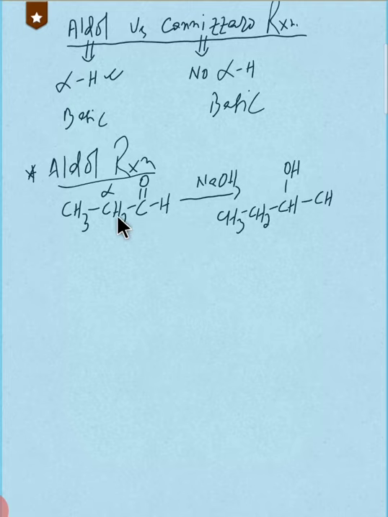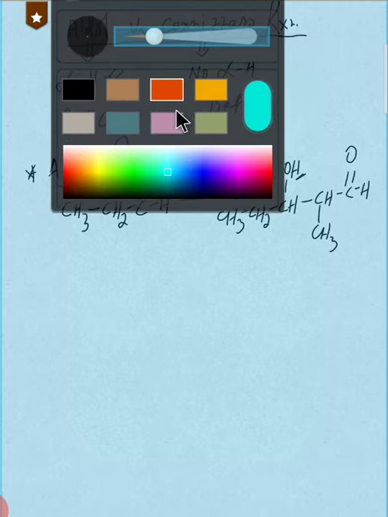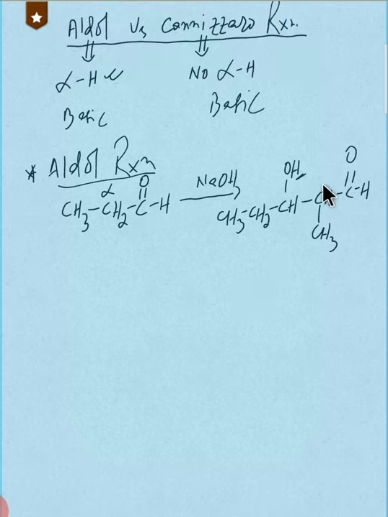One of these two hydrogens will go to this oxygen. This one is the hydrogen, and to this carbon atom this methyl group will be attached, and this will be our product. So this is the alpha carbon atom, this is the beta carbon atom.